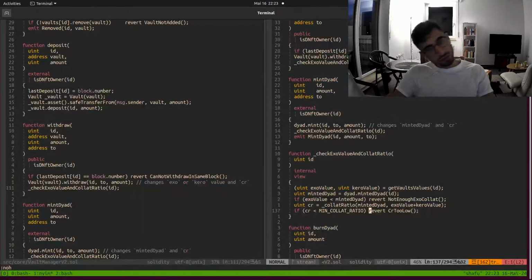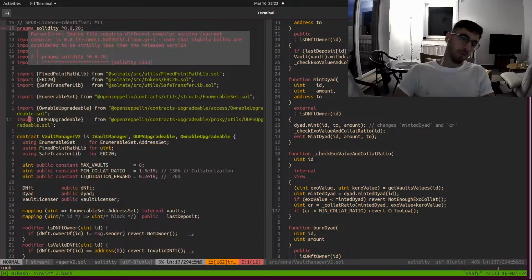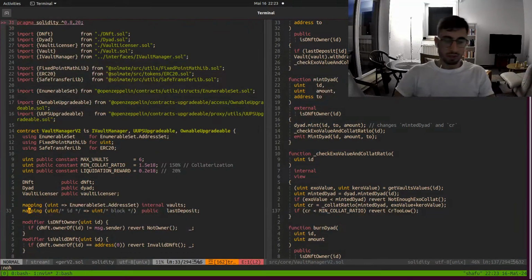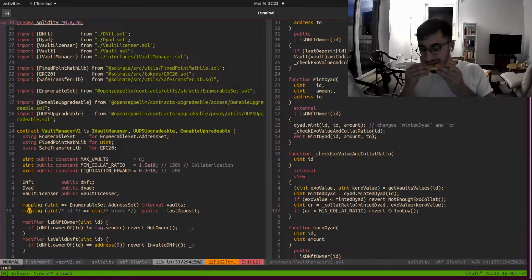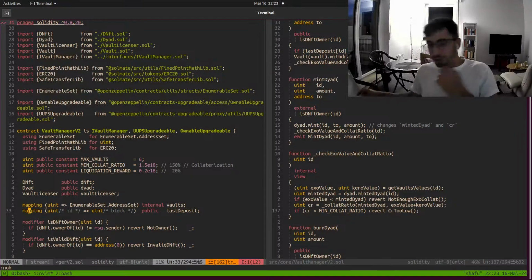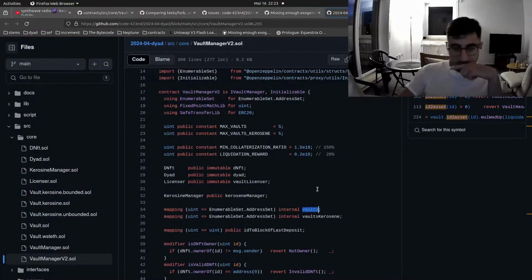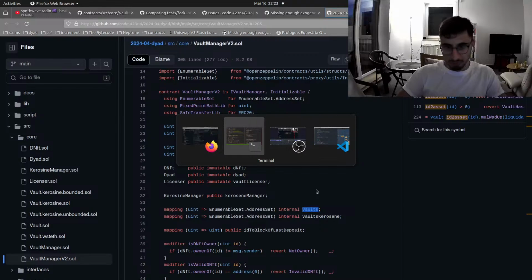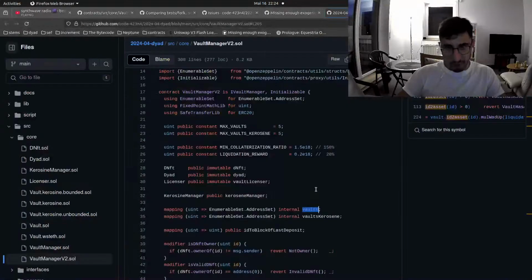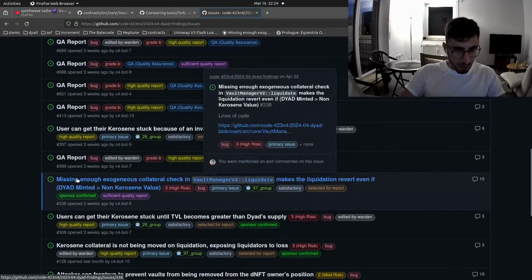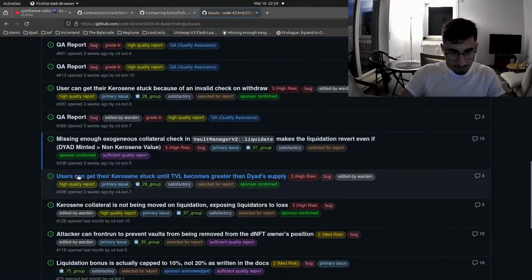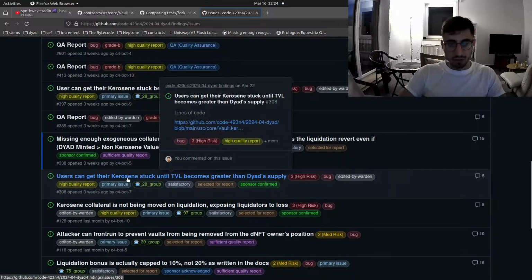In the new version, we only have vaults that store kerosene and non-kerosene vaults. Which fixes this. Okay. This should be fixed. Users can get their kerosene stuck onto TVL because TVL becomes greater than DYAD supply.